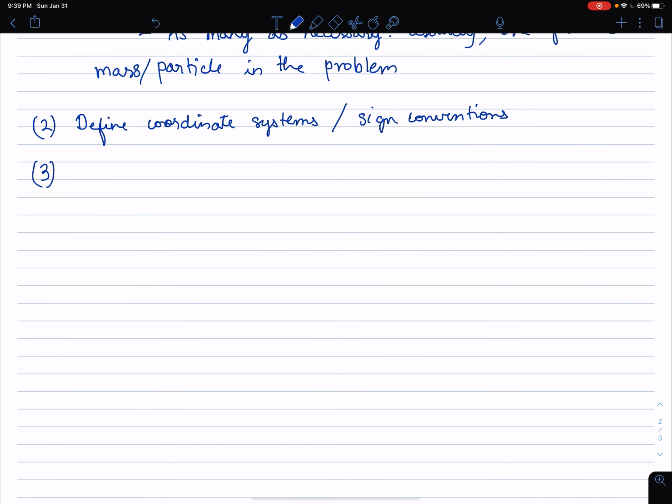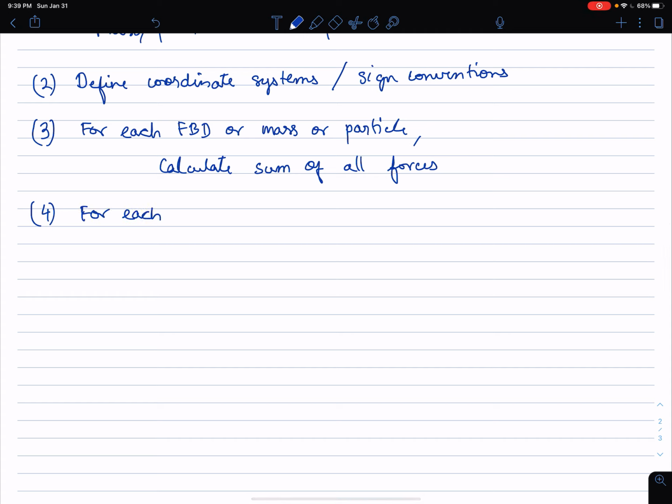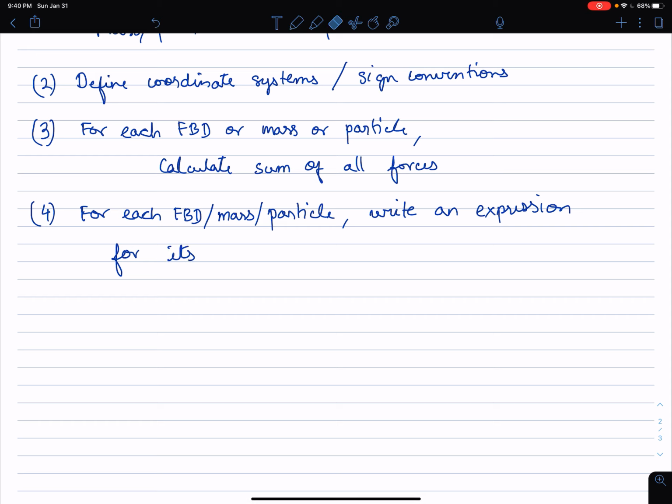The next step would be, for each FBD or mass or particle, calculate the sum of all forces, and then for each FBD or mass or particle, write an expression for its acceleration.